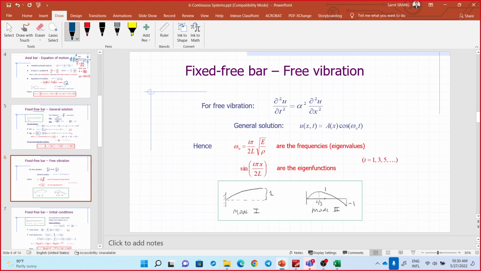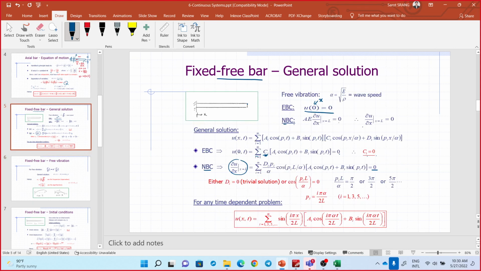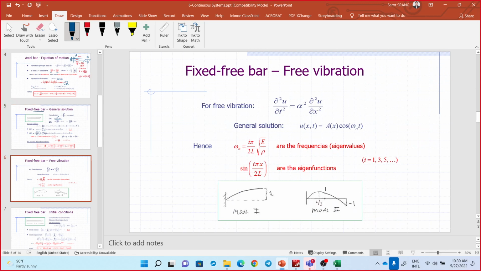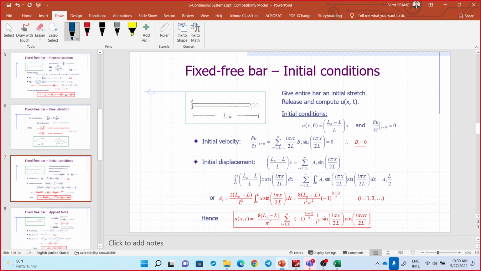For free bar free vibration, the general solution only takes this form, which means the b term is 0. So it can be illustrated here.